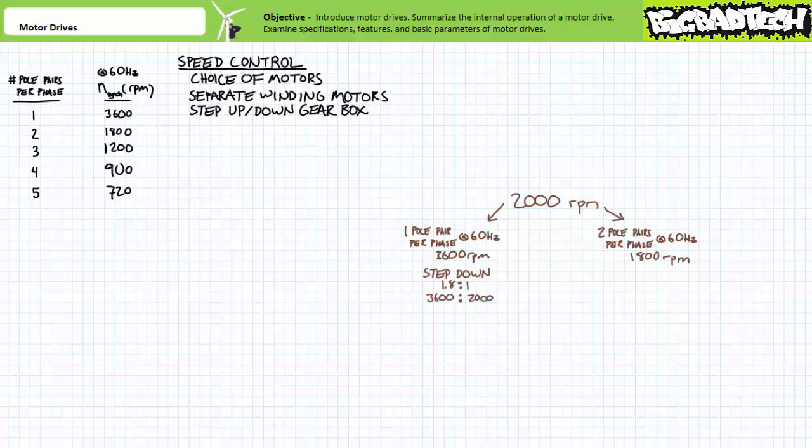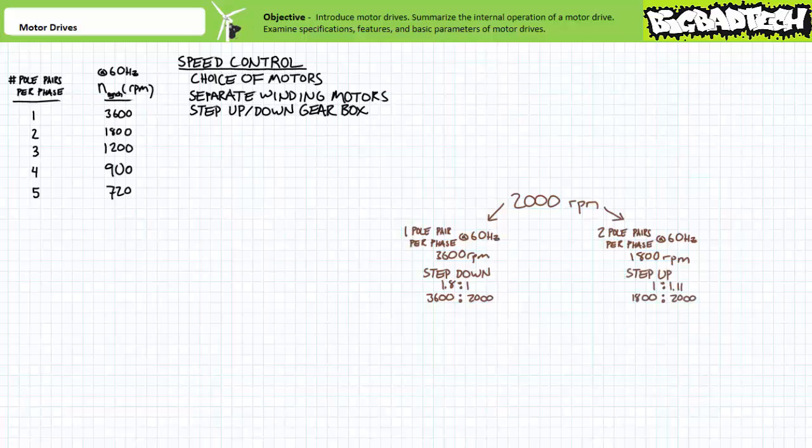Assuming 60 Hz, one could purchase a 3-phase AC motor with a single pole pair per phase with a synchronous speed of 3600 RPM and a 1.8 to 1 step-down gearbox to arrive at the nominal 2000 RPM output.